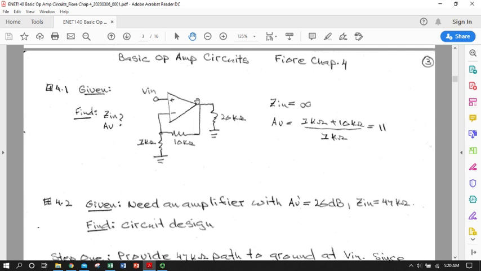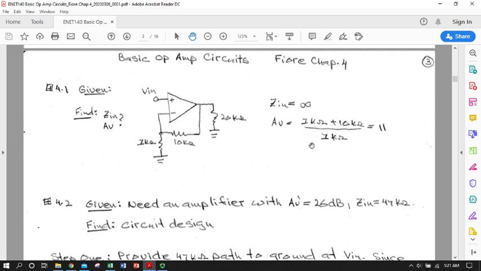So now all we have to do is get the gain. We can go through our KVL loops again and ratio. We can just walk ourselves through and say, well, this voltage is the same as this voltage because our two input terminals have to be the same. And then this voltage is going to be whatever current flows through this resistor times 1 kilo ohm. That's the same current that flows through this path from the output. And then the V out is going to be that current times these two and ratio them.